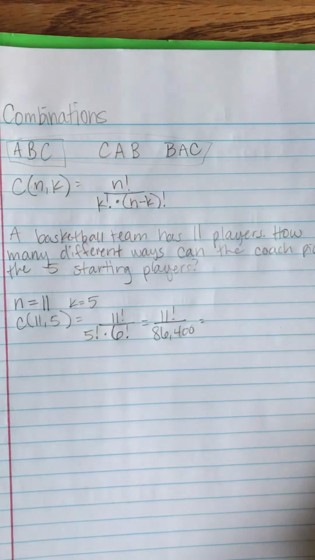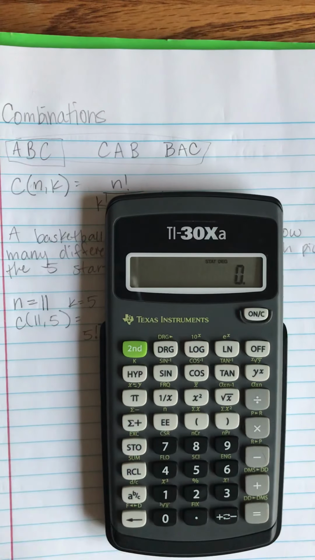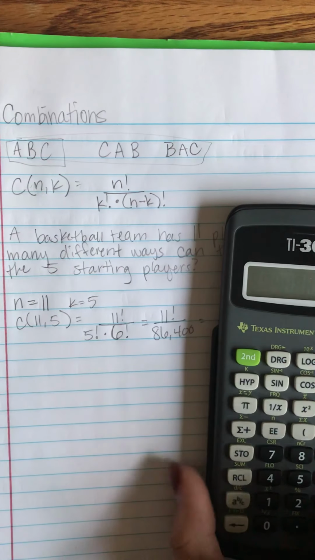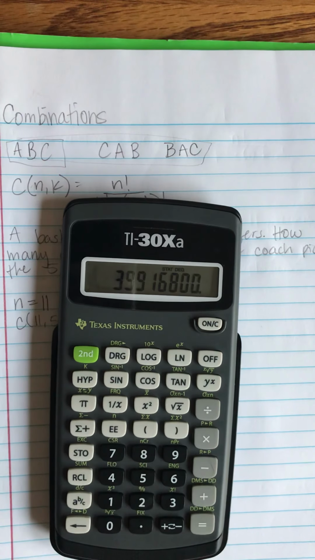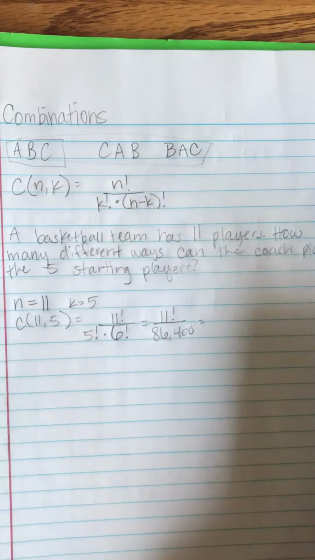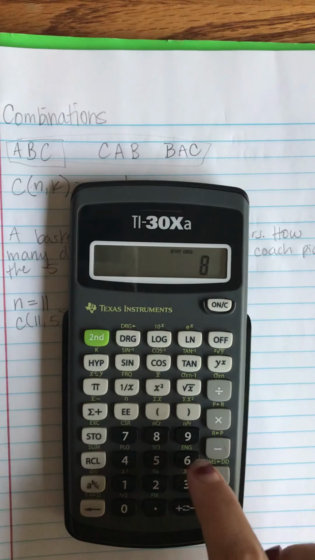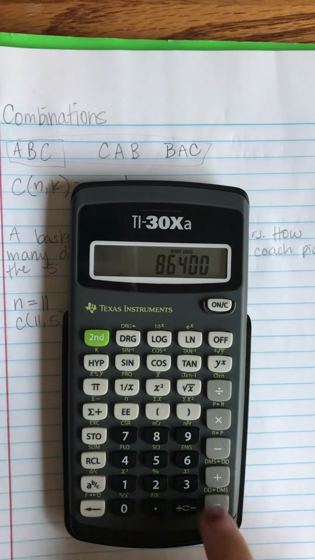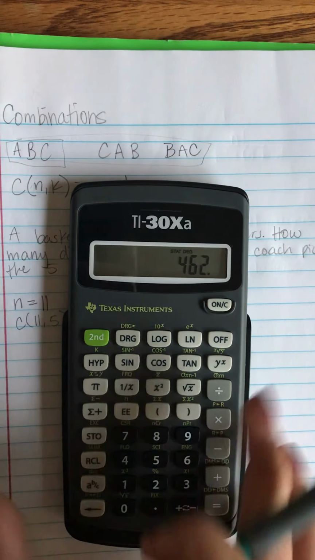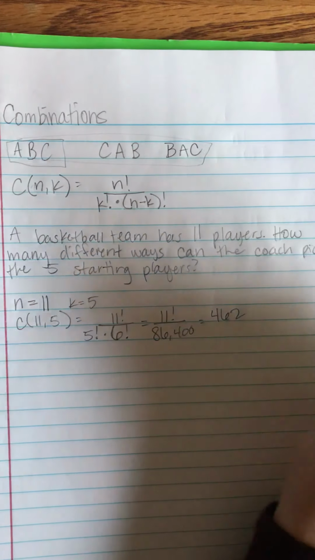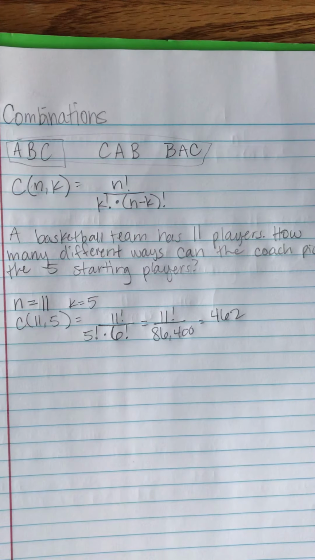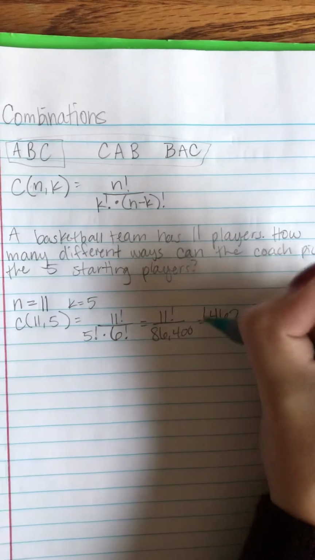Now, 11 factorial is going to be a lot bigger of a number. 11 factorial is 39,916,800, divided by 86,400. And our answer is 462. So that is the number of combinations of starting players that the coach could pick to start the game.